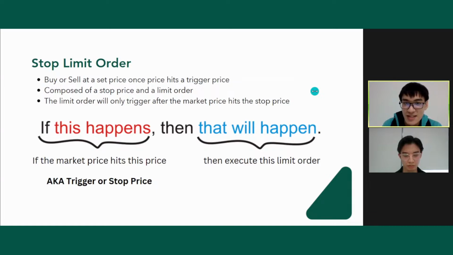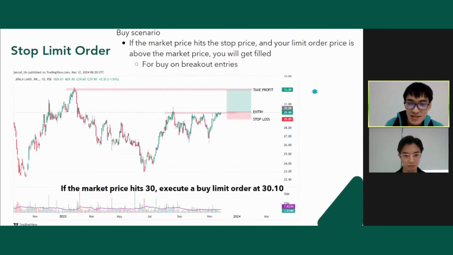So, let's give an example naman. This is a stop limit order for a breakout scenario. Let's say may resistance ka dito at 30 pesos. So, psychological resistance level. Let's say you want to buy at 30. Pero price is not yet at 30, diba? Pero you don't want to buy it prematurely. You want to buy it at the break of 30 talaga.